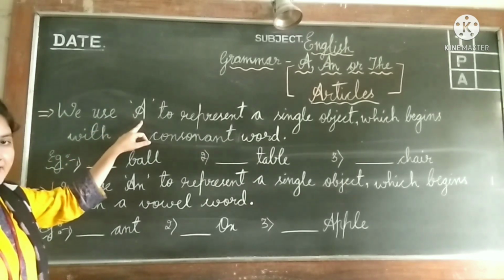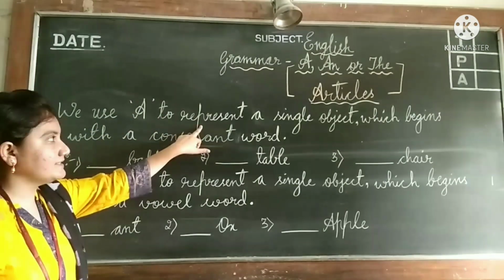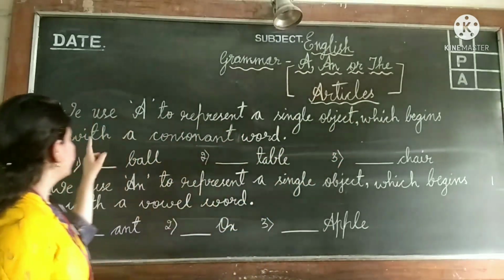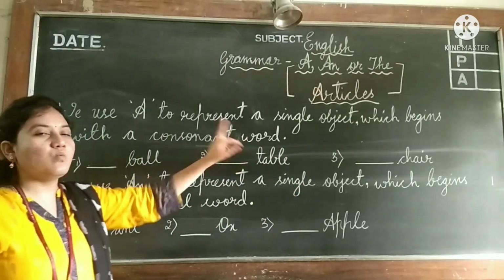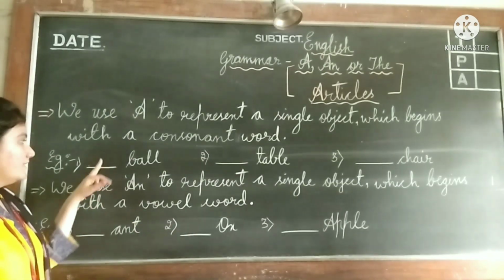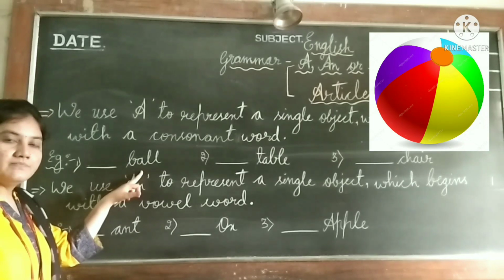We use A to represent a single object which begins with a consonant word. Got it, children? For example, dash ball.